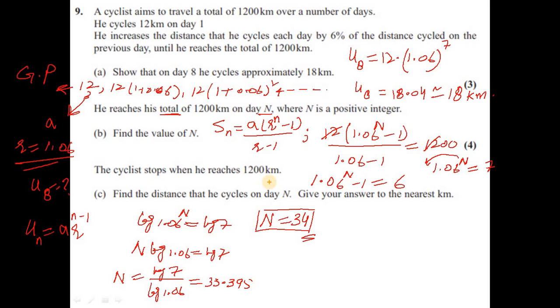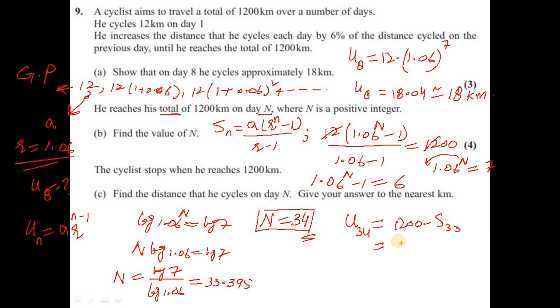So you can say that the distance traveled on the 34th day, U34, is 1200 minus S33, the sum of the total distance till 33 days.